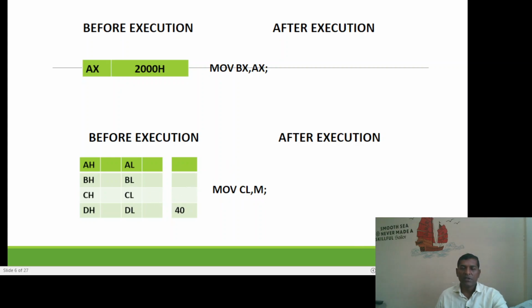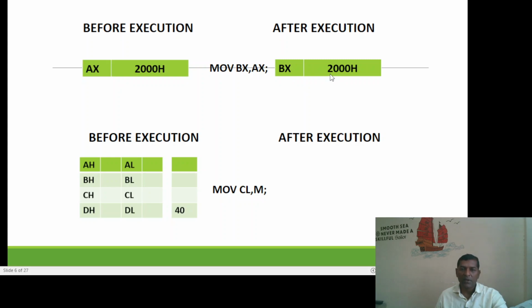So after execution of these instructions, we have moved the contents of AX into BX. Now AX holds 2000, so the same contents will be copied from AX to BX, so that BX will also hold the same contents as AX.